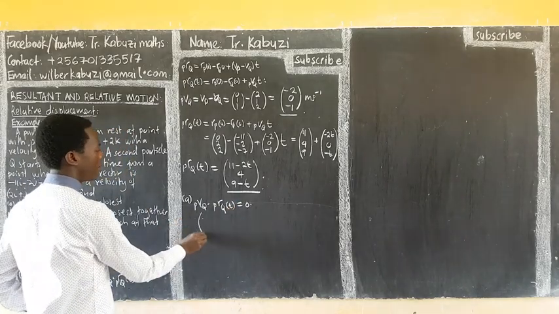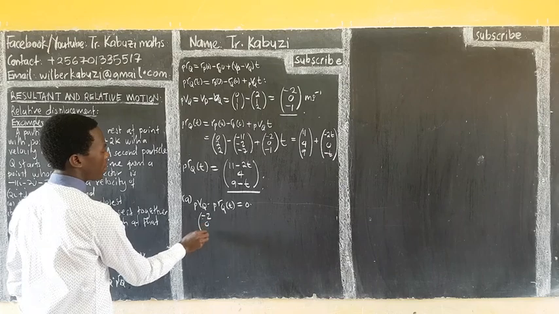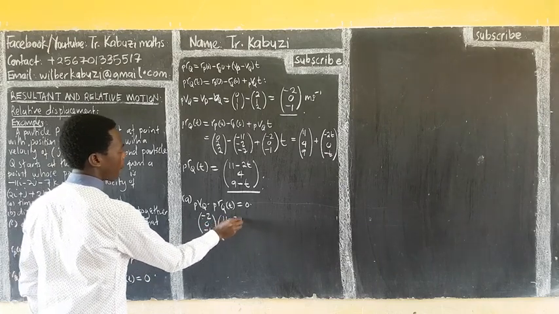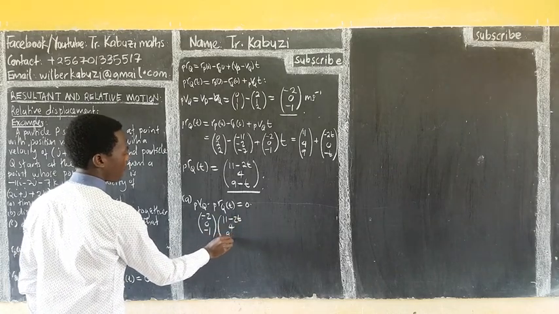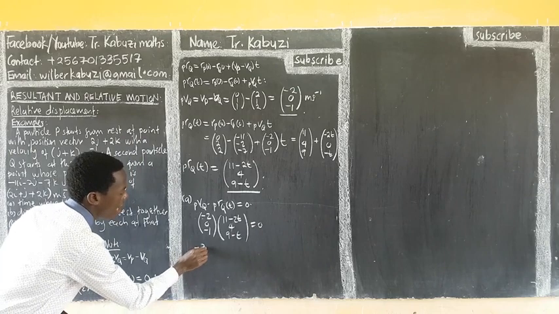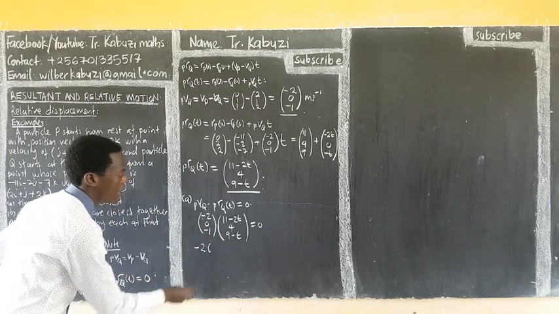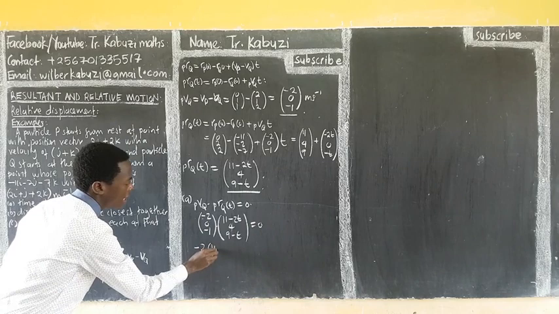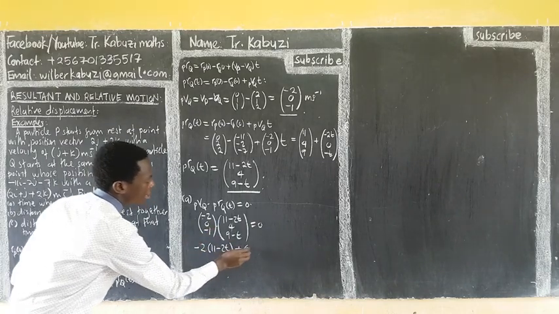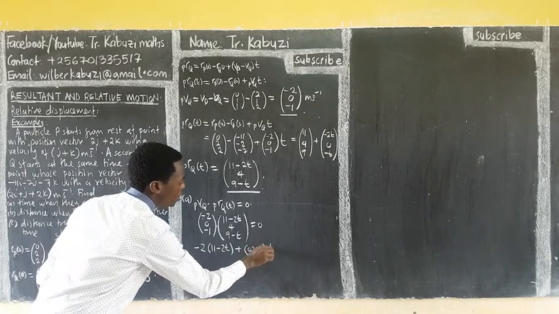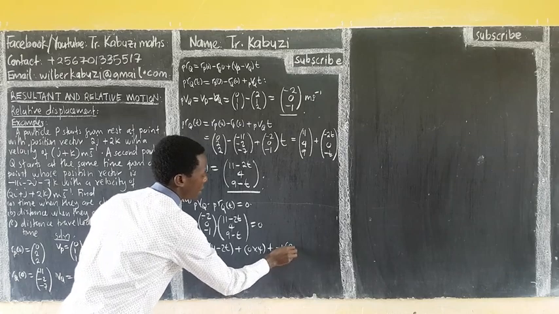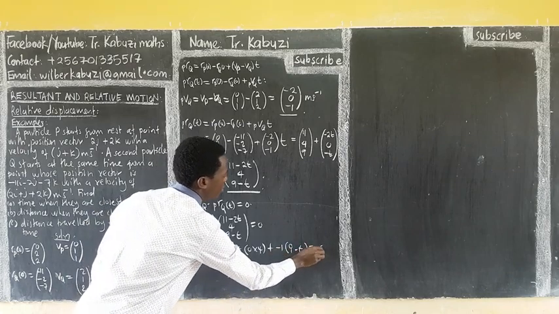So this one is negative 2, 0, negative 1, dot this, equaling 0. This is how we dot: we get this times this, which is negative 2 times 11 minus 2t, then plus this times this, then plus this times this, negative 1 into 9 minus t, equaling 0.